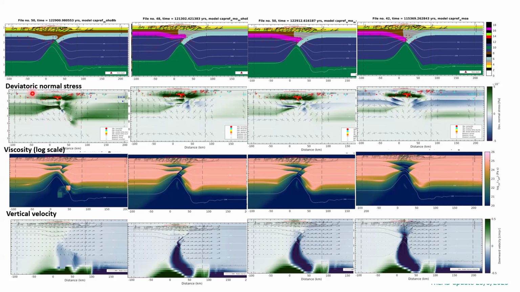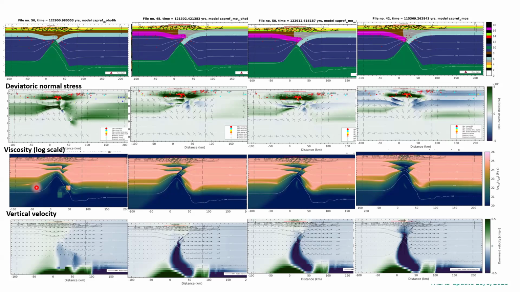As you can see, with the 2 models on the left, we mainly create extension near the surface, whereas with the Moho geometry on the right, there's a lot more compression in the upper crust near the surface. So quite different results, and that is all related to the viscosity of the lower crust.